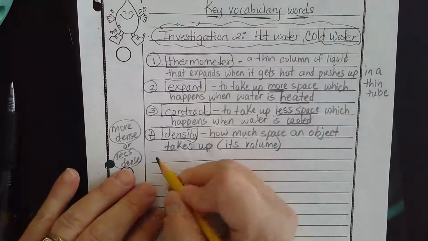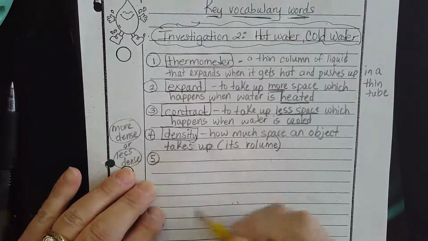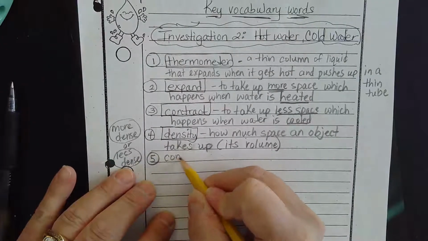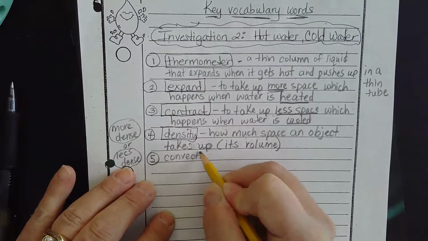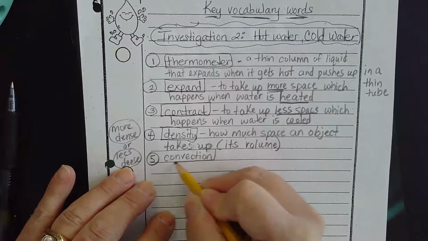All right, so we're going to add another word. This is going to be number 5. Number 5 is going to be the word convection.